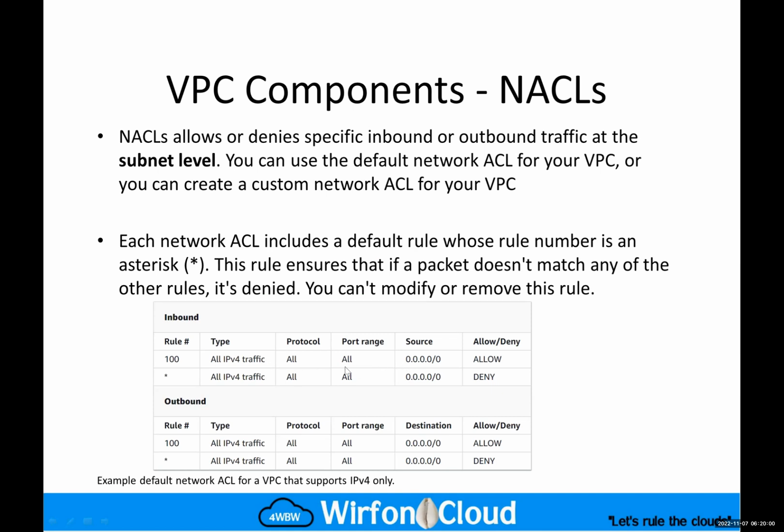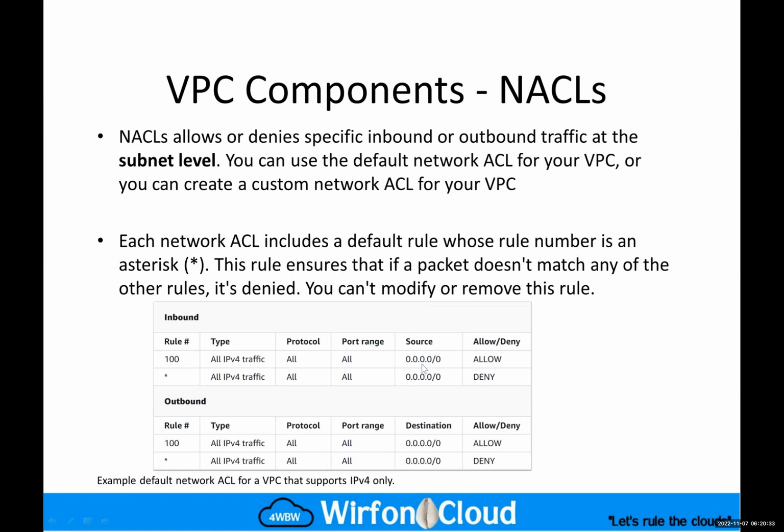Yes, this top rule. Can you see where I'm pointing the mouse? Okay. So this top rule is saying all traffic, be it HTTP, SSH, or SMTP, all protocols and through any port, 22, 80, 443, coming from any source.